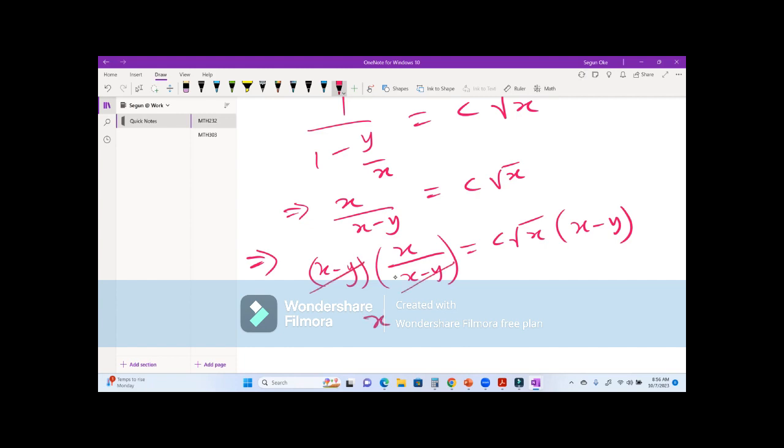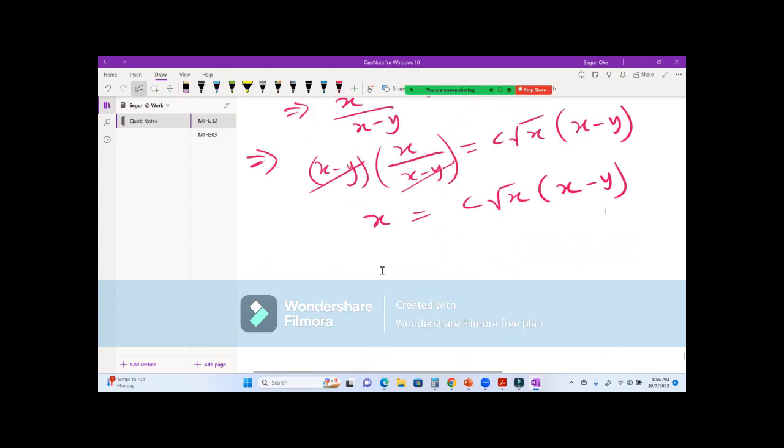So you have X equals C square root of X into X minus Y. We are trying to find our X in particular, and we still have it within. So what we need to do at this point is just take the square of both sides and see what will happen.